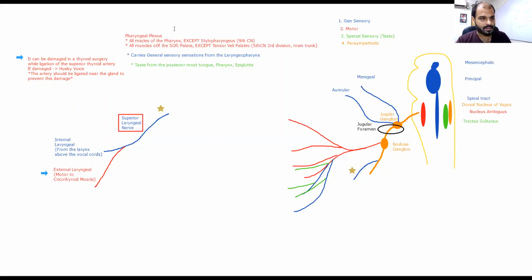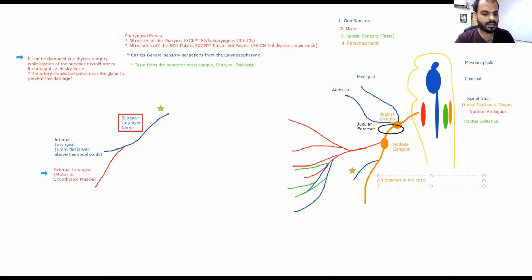Now the other branch. Let us go back to that figure which we were drawing, and then as this nerve moves down in the carotid sheath, there is one important thing also. We should write it here. It descends in the what?